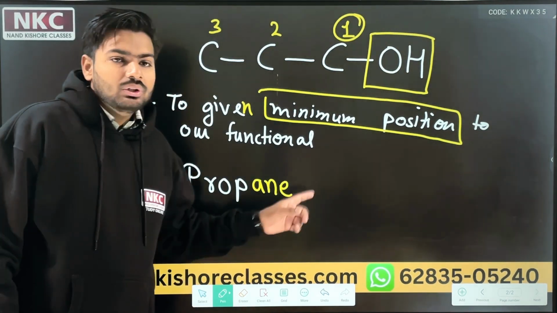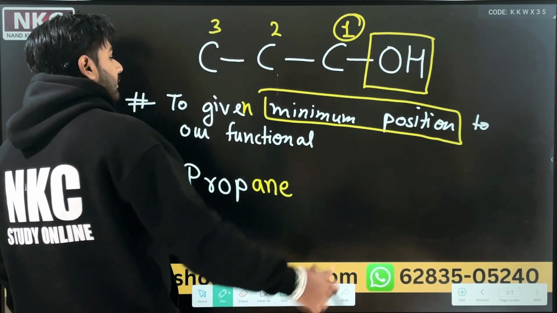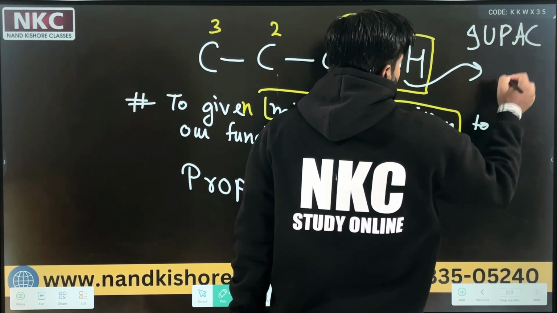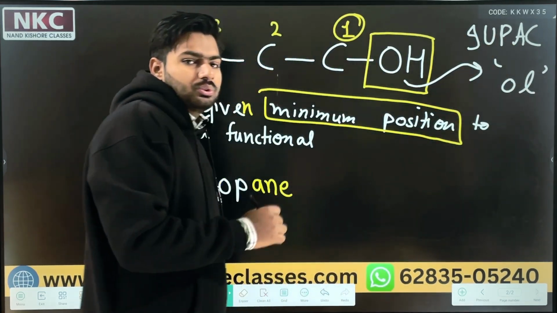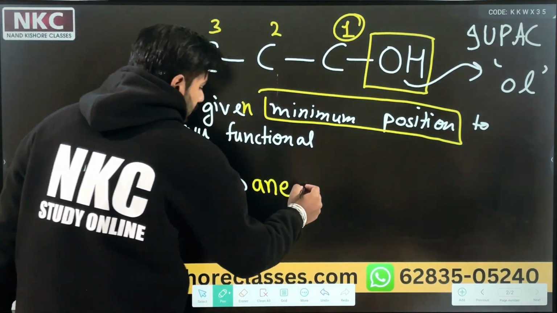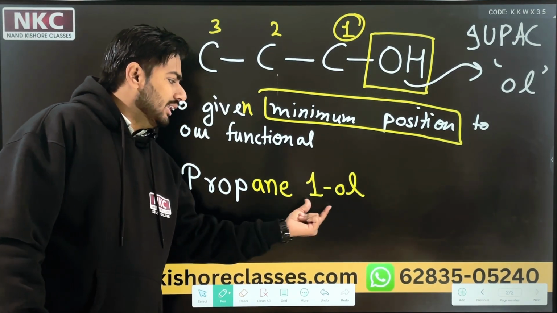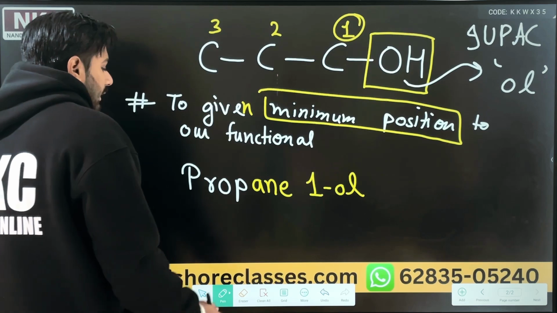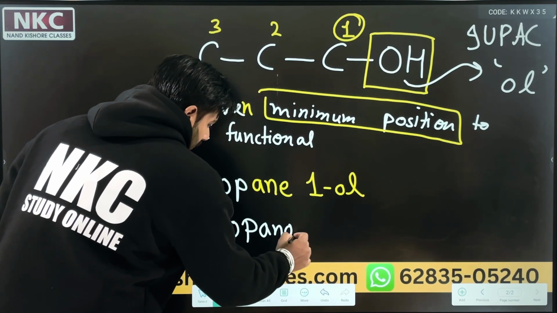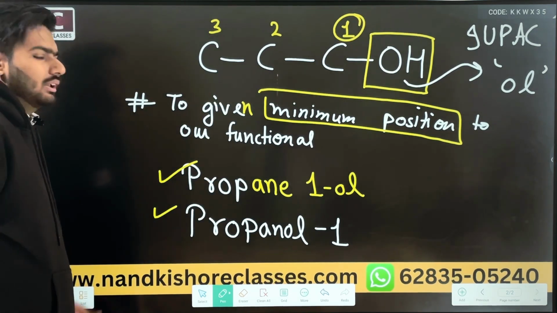After that, coming to the functional group, at the suffix we write the name of the functional group, and the name corresponding to OH recommended by IUPAC is ol. So we'll write ol at position 1. But dear students, when two vowels come together, E and O, we neglect the E and simply write propanol-1. This is also a correct name, and this is also a correct name.